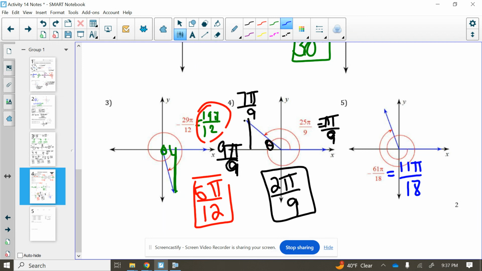Now this is helpful because if we are at 11 pi over 18, it's a little bit easier to see, okay, my reference angle, if I want to be at 1 pi, my denominator is 18. To get from 11 to 18, it would take another 7 pi over 18. So that's my reference angle this time and how far we are away from that x-axis.